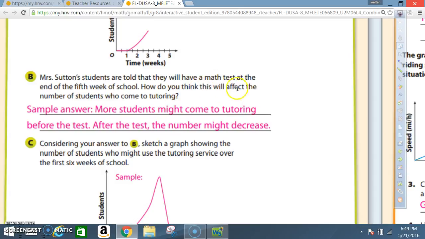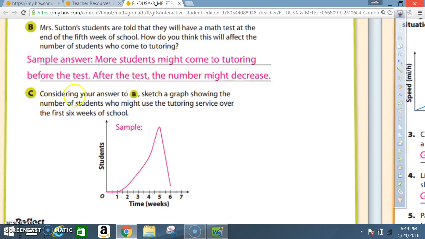How do you think this will affect the number of students who come to tutoring? Sample answer. More students might come to tutoring before the test. After the test, the number might decrease.